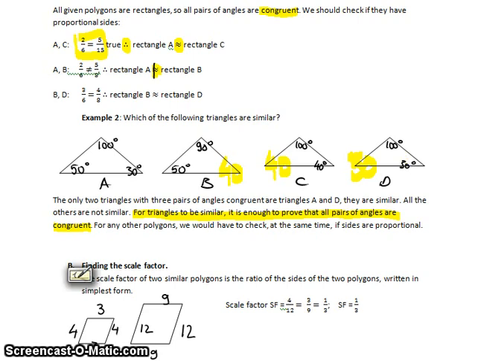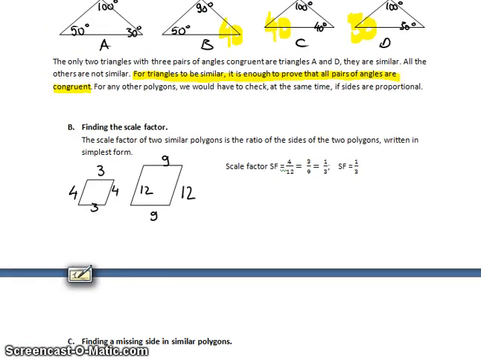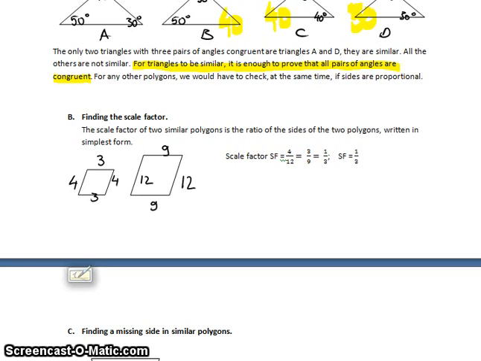Another thing we would have to be able to do when talking about similar polygons, we will need to be able to find the scale factor, and the scale factor of 2 similar polygons is the ratio of the sides of the 2 polygons, ratio written in simplest form.